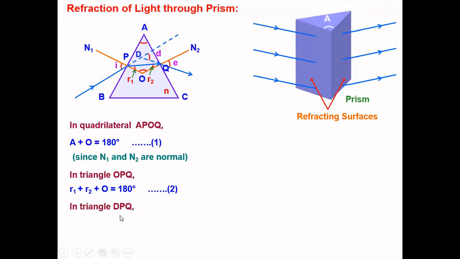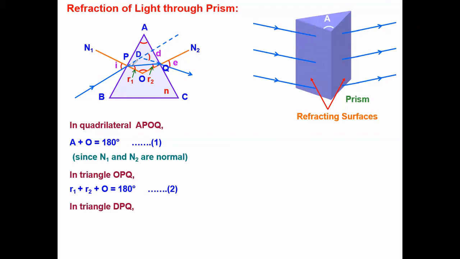In triangle DPQ, a little bit of extension we need to see. Already what we know is this part is R1, and this total is 90. And this is I, and this part is I also. So if you want to know this part, I minus R1 will be this angle.